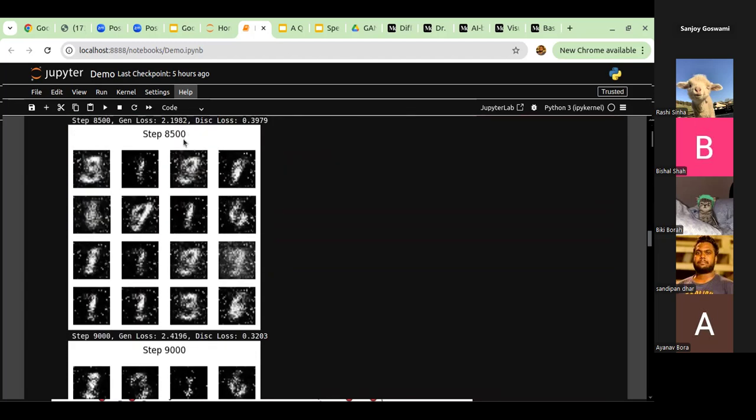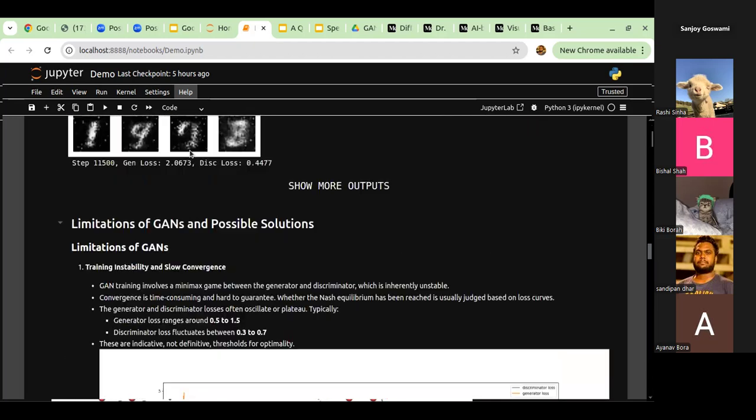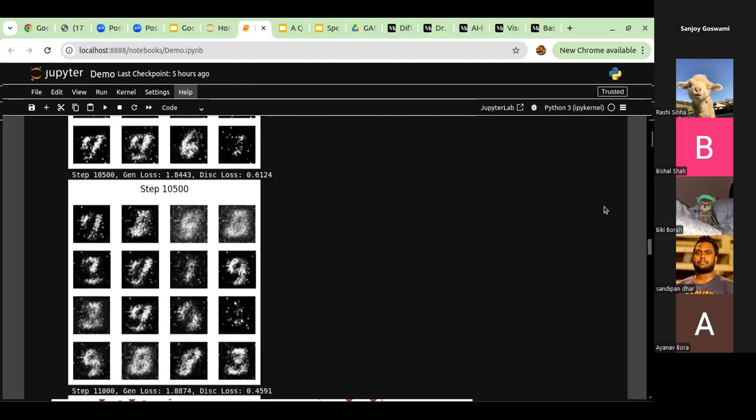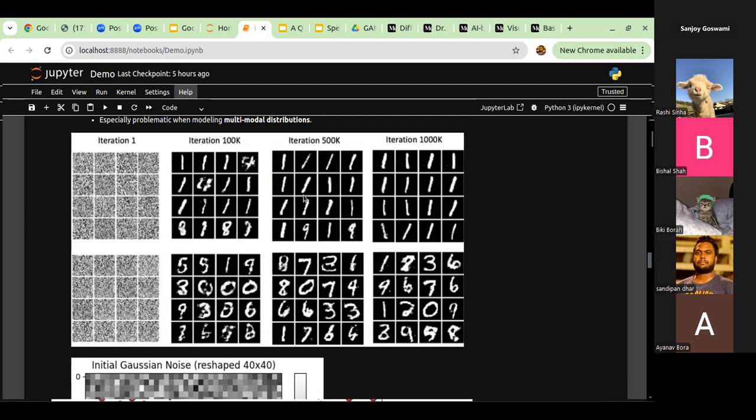Now see, at 8500, much more clear. So this is the output you should get. If you keep on going, after a very long iteration, you'll get very clear images. You started from this part, and now you obtain this part.